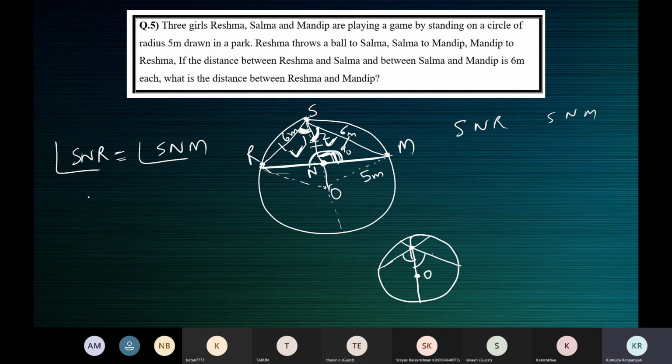So now angle SNR is equal to angle SNM. Let me make it simple and call them angle 3 and angle 4. Angle 3 is equal to angle 4.